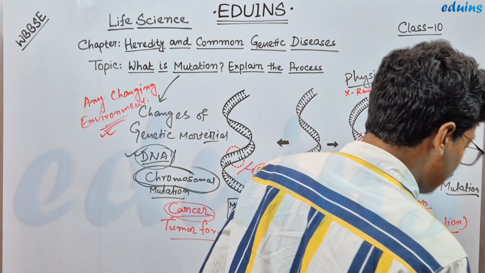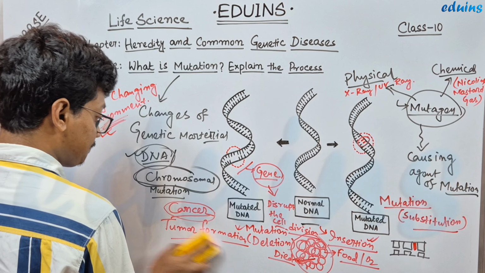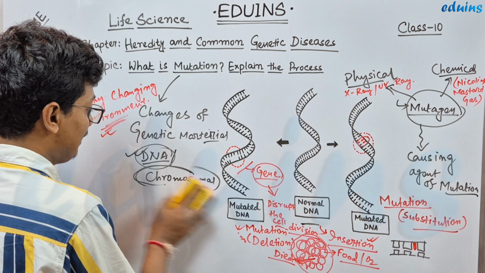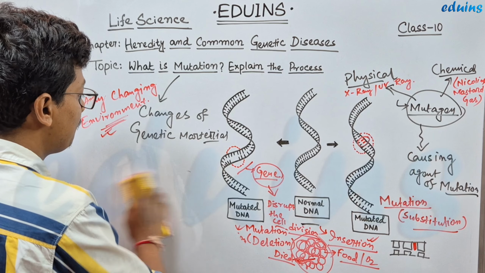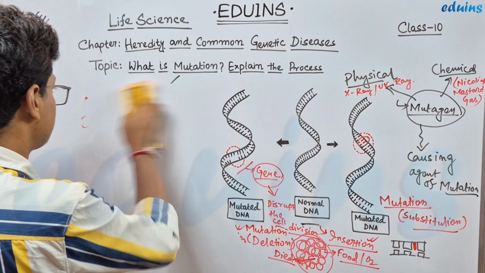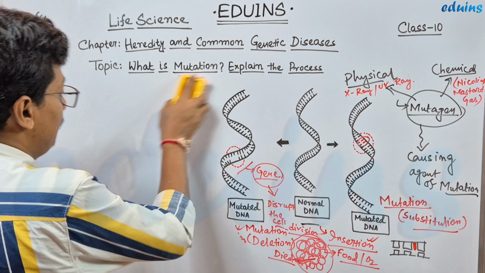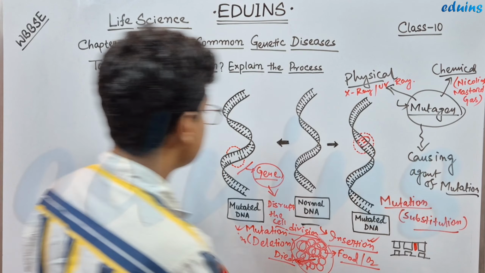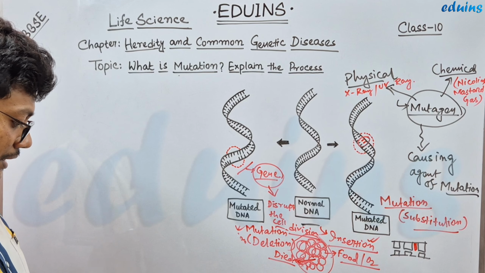Now, what is chromosomal mutation? We know that DNA is the basic structural part of the chromosome. That was the detailed mutation in DNA.